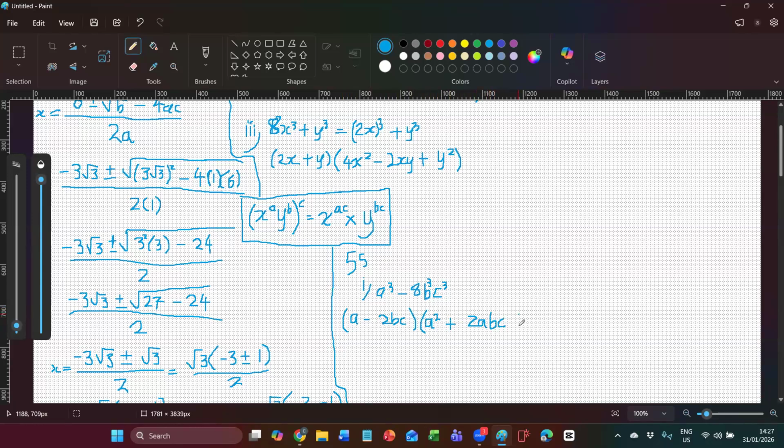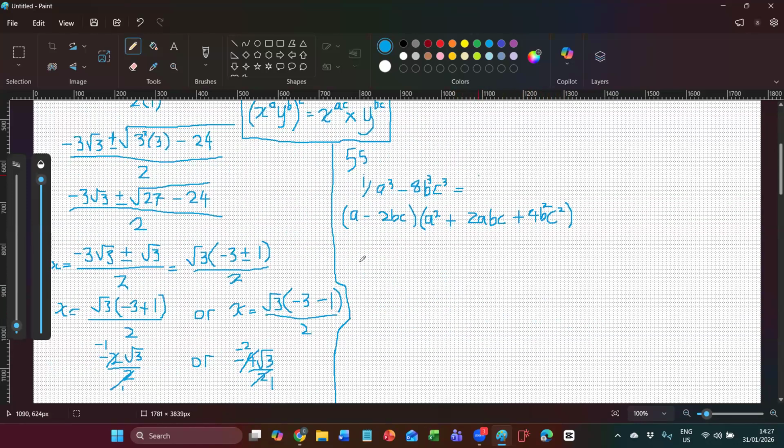And then finally plus 4b squared c squared. Okay, so do you understand how I came about that? Yes, sir. You understand, Abby? Yes. Okay, good.